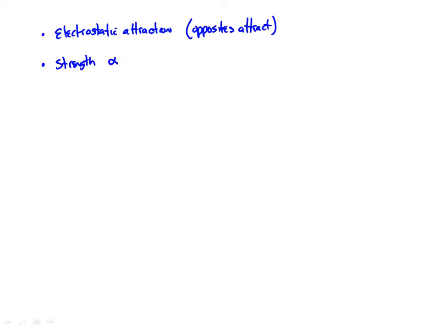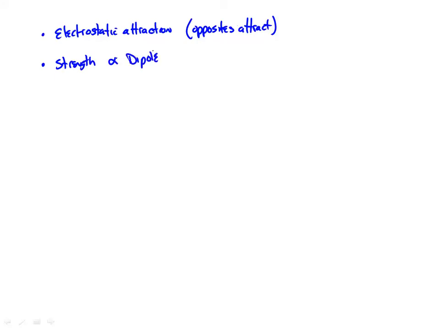Because the attractive force is between partial charges, we give that the term electrostatic attraction. And it really simply means opposites attract. And the strength is proportional to the dipole.